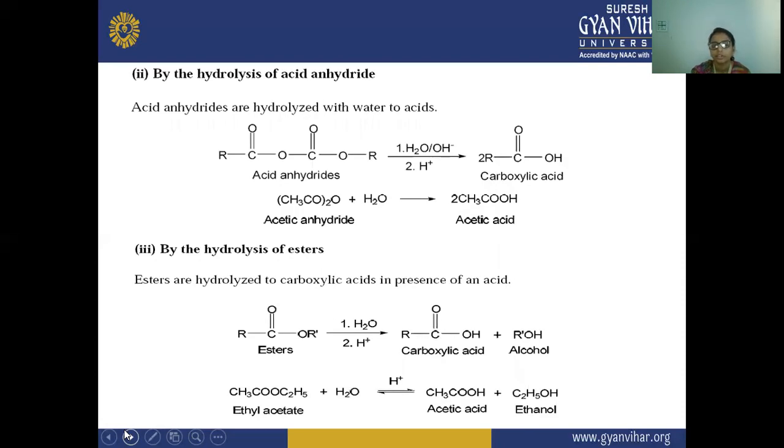Next is the hydrolysis of acid anhydride. Here the acid anhydride is converted to carboxylic acid. Acid anhydrides are hydrolyzed with water to acid, in the presence of acid hydrolysis or alkaline hydrolysis.